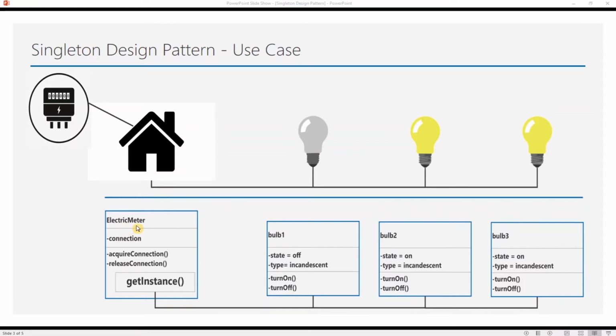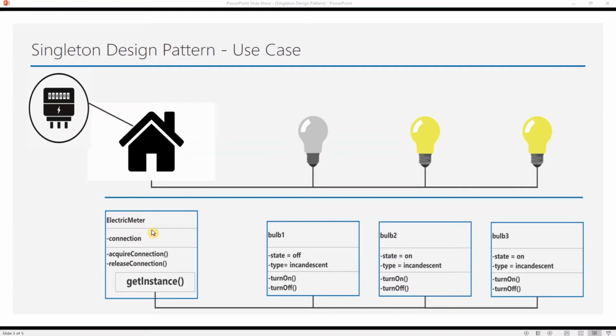The electric meter class here exposes methods to acquire and release connections as and when required, to guarantee that the same connection is provided each time a request is made for power supply. The singleton design pattern takes the liberty of creating class objects out of the consumer's hand and instead gives the class the responsibility of coming up with its own single instance each time a request is made for the connection.